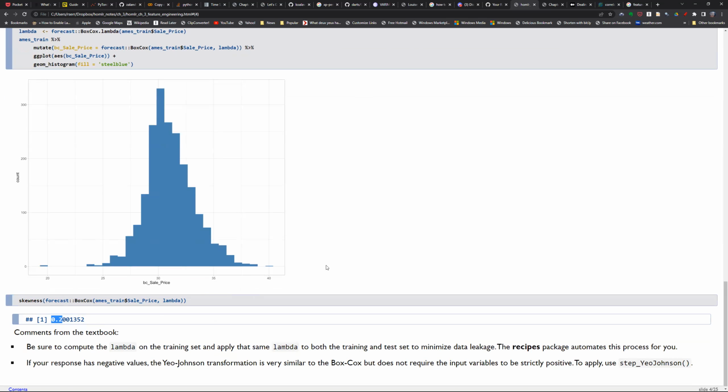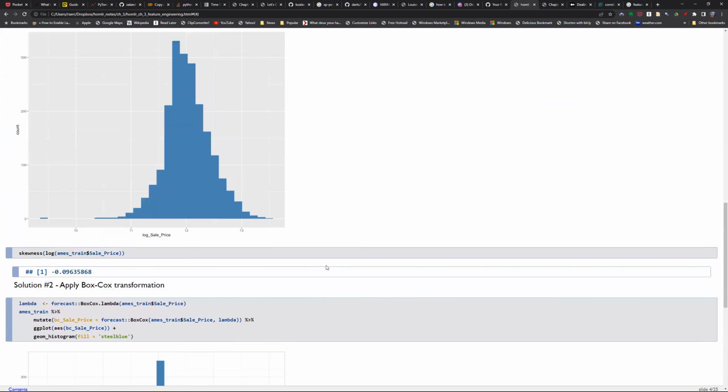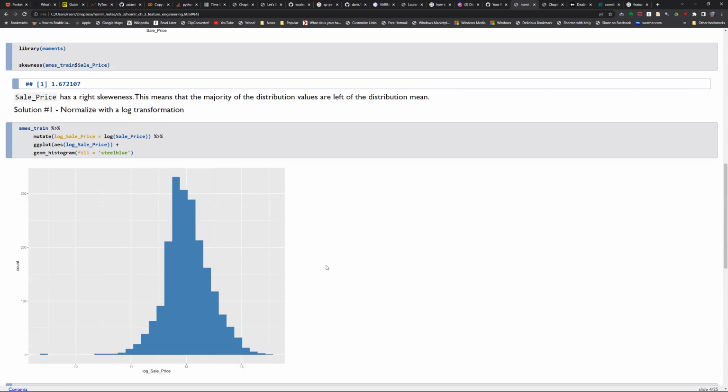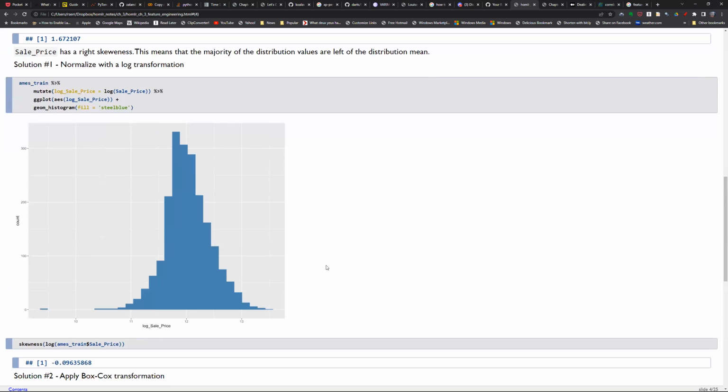So if we are going to select which transformation we should do, in my opinion, we should select the log transformation. Why? Because the log transformation is not parametric. You don't need any parameter to find the log, and it's very easy to transform it back to the original value with the exp function.